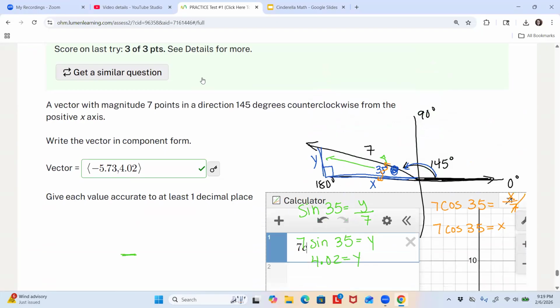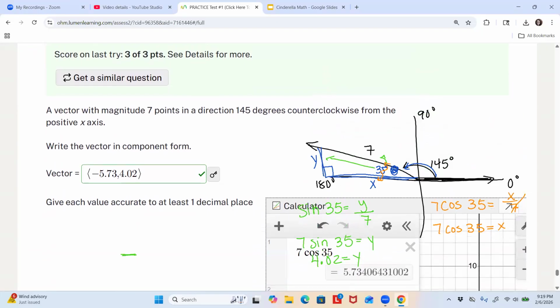I'm typing in 7 cosine of 35, 5.73 rounded, but it does need to be negative because we went left. So x is negative 5.73. So that's why it is worth it to draw the picture and see that you're in quadrant 2, so it's left and up. So we knew this one was going to be negative and this one would be positive. So that's really a SOHCAHTOA question in disguise.